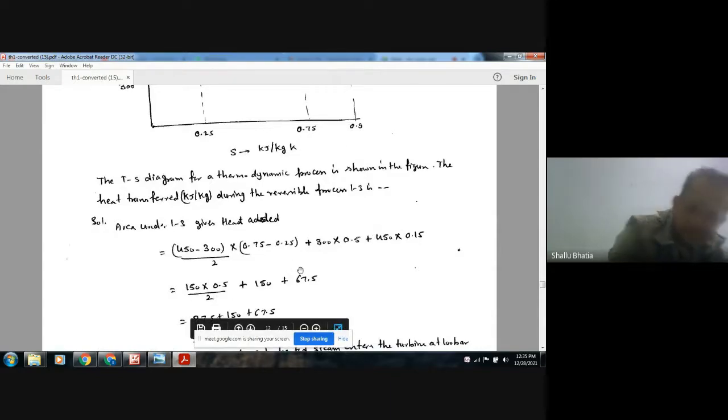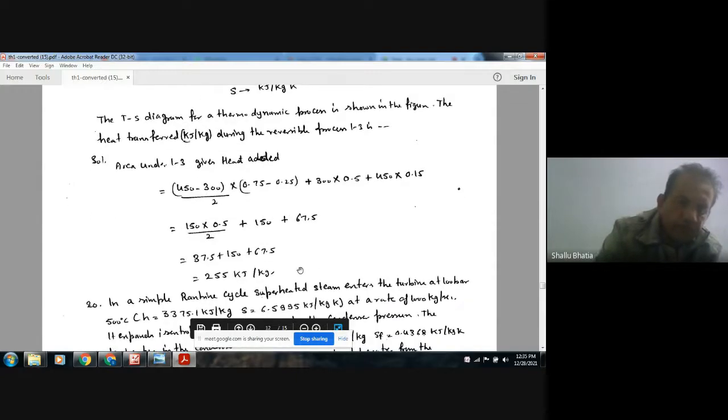Adding these, we can get the heat added: 255 kilojoules per kilogram.